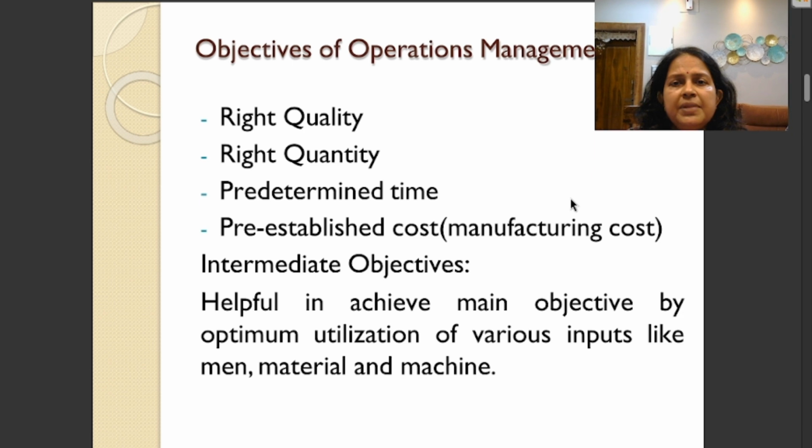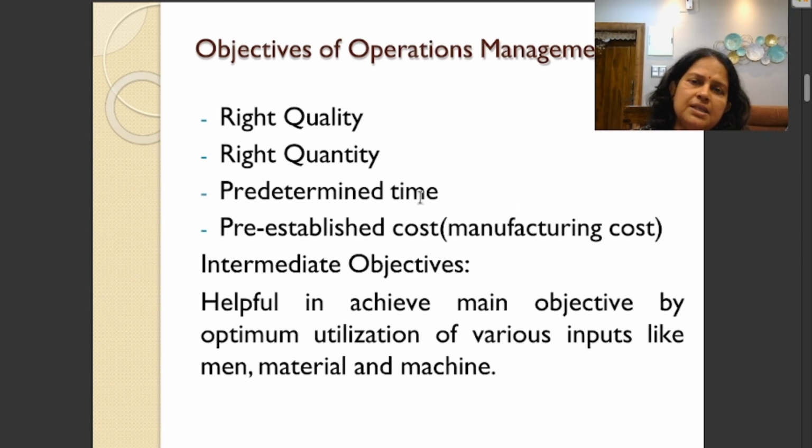So this is the main objective of operation management: right quality, right quantity, predetermined time, and pre-estimated cost. To remember this, we always try to remember QQTC, that is quality, quantity, time, and cost.